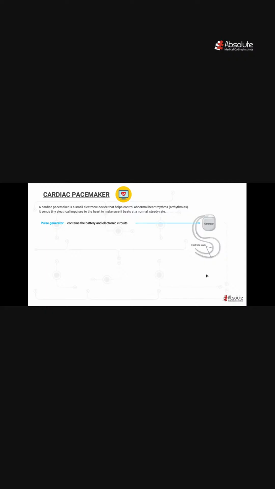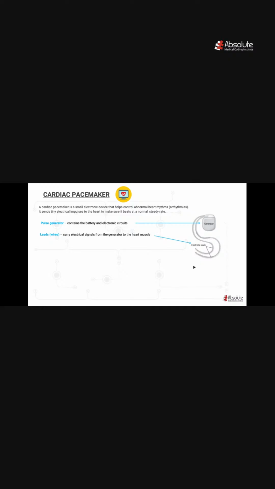And the second part is your leads, also called wires. These are like delivery cables. They carry the electric signal from the generator straight into the heart muscle so that the heart knows exactly when to contract. So these are your leads.